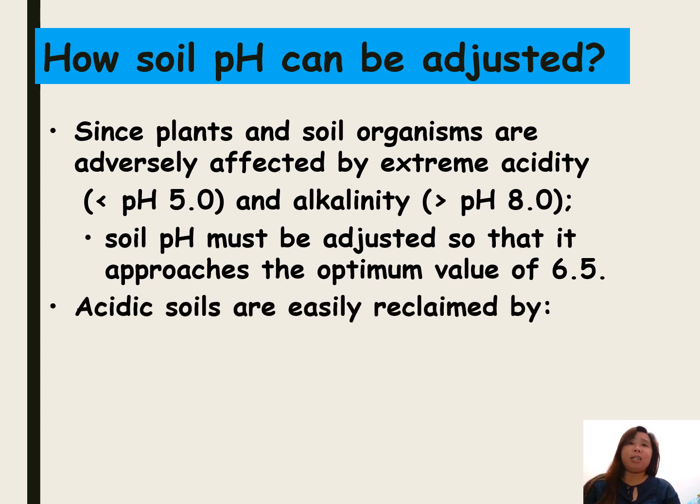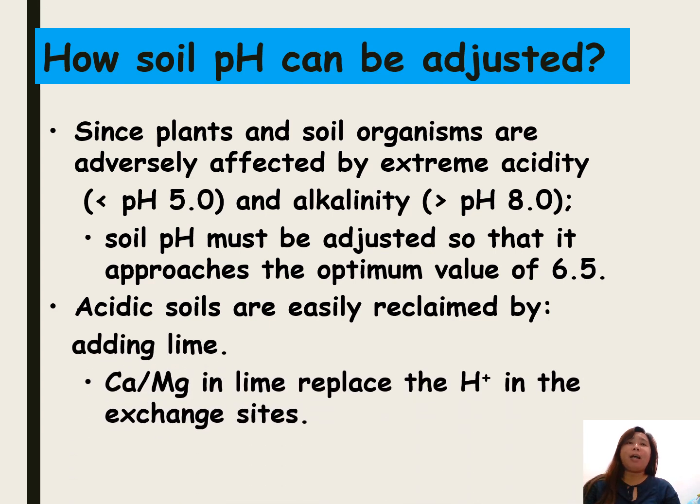Acidic soils are easily reclaimed by adding lime, such as those materials having calcium and magnesium. The calcium and magnesium in lime replace the hydrogen ions present in the exchange sites.